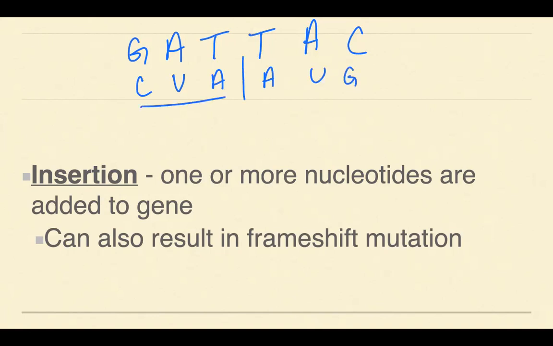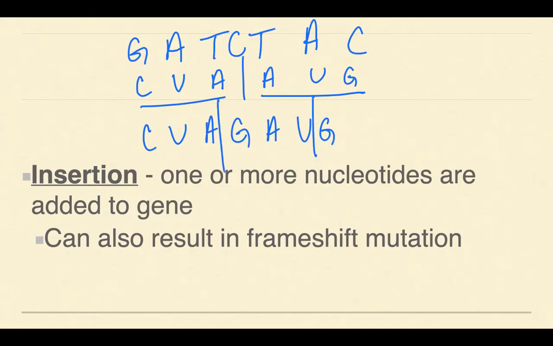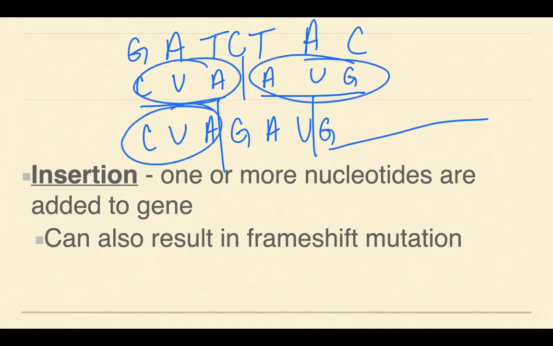So you've got CUAAUG. If I add a C in here, then I've got CUAGAUG. So I've got CUAGAU and then whatever comes afterwards. So you can see how that completely changes. The first one's still okay, but after that we go from AUG to GAU and everything else changes.